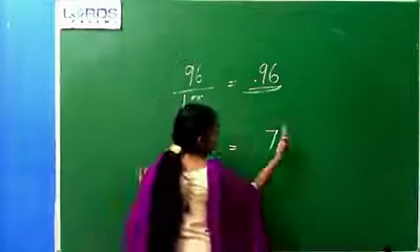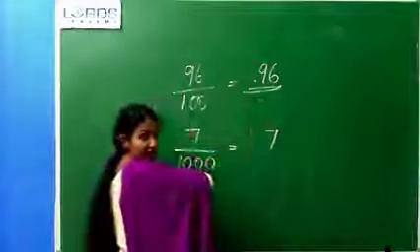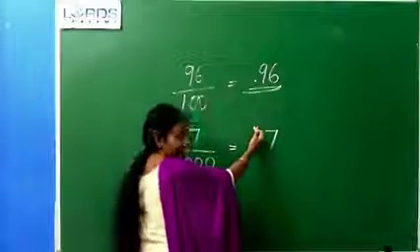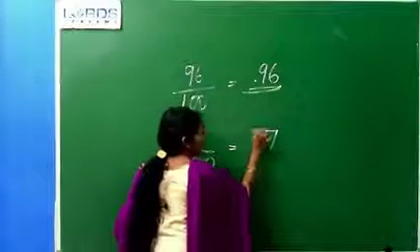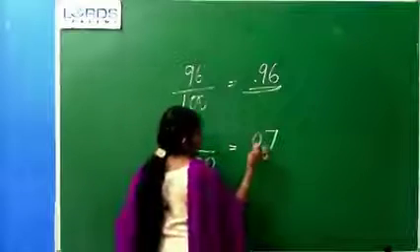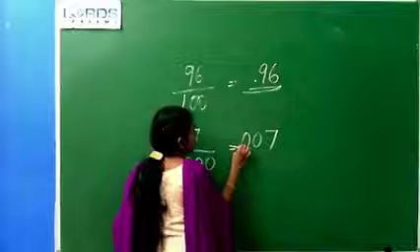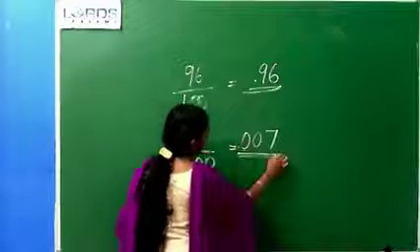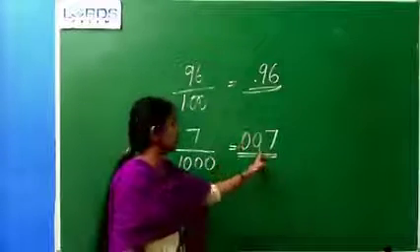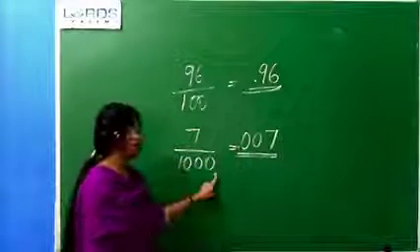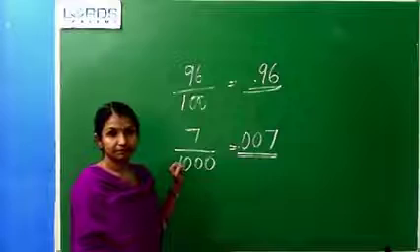From right to left we are checking. So 1 place, the second place we fill with zeros, 2 and then 3. And we put the point here. So it became 0.007 because after the point there should be 3 places.